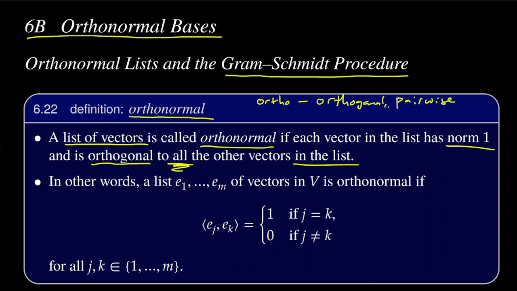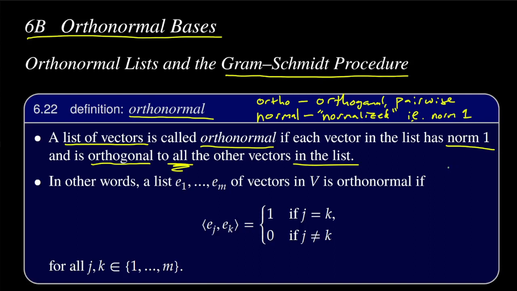It says that they're orthogonal, pairwise. Normal says that they are, you can think of it as normalized, i.e. norm 1. That is unit norm. If they're not norm 1, they've been shrunk to be norm 1. That's the idea of it.